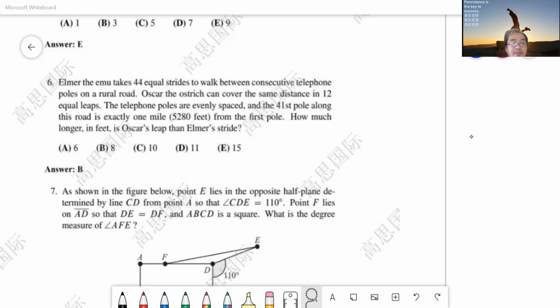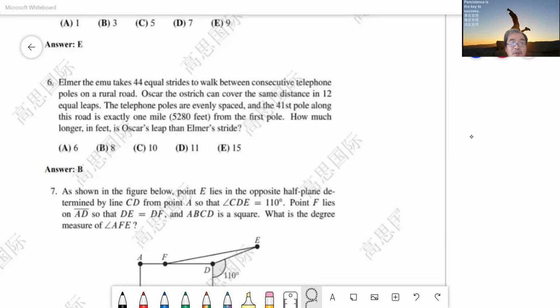Okay, question number 6. Elmer, the elephant, takes 44 equal strides to walk between consecutive telephone poles on a rural road. Oscar, the ostrich, can cover the same distance in 12 equal leaps.